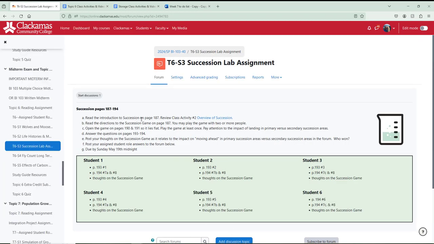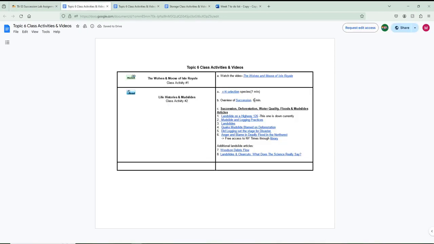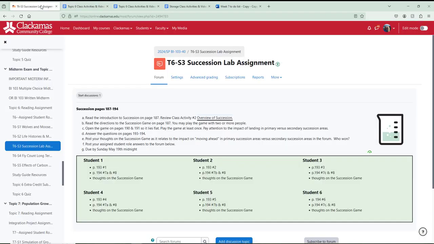Moving on to our third assignment, we're going to continue with succession. We're going to look at our overview of succession again. There's our video again. If you didn't quite understand it, you can review that video again.